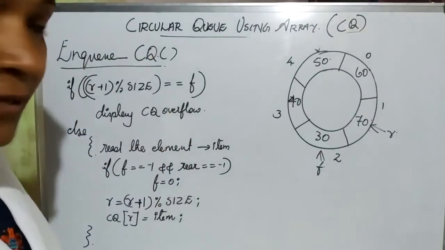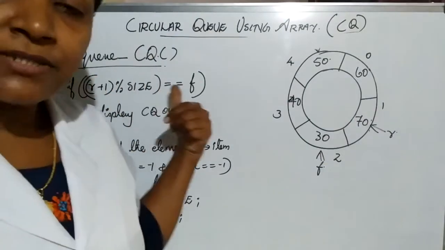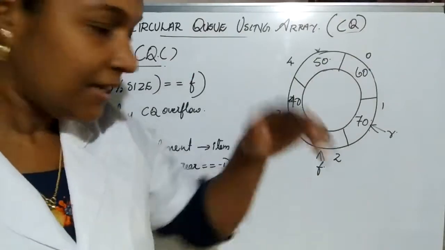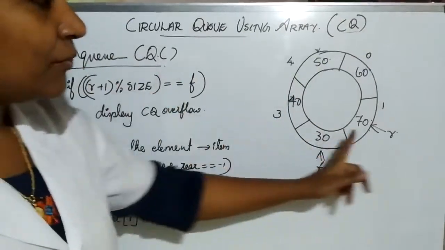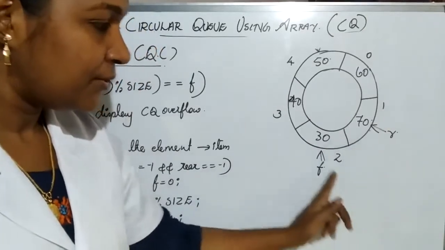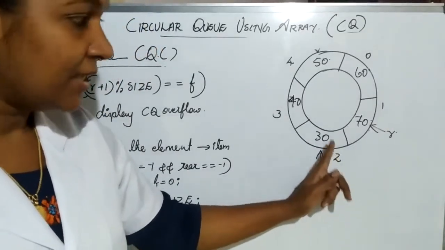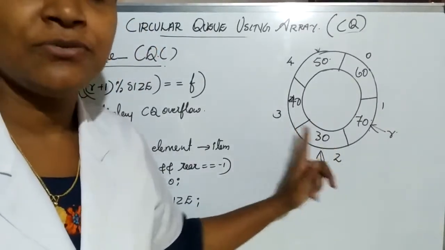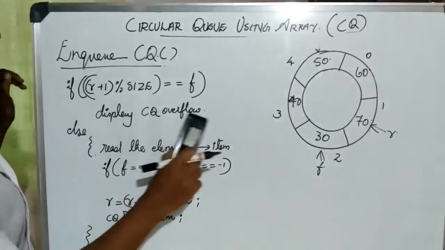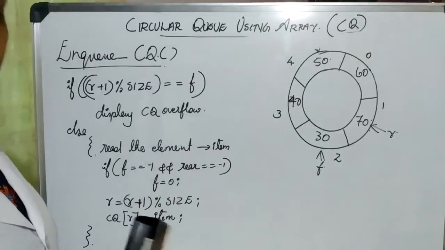Why do we use (rear + 1) mod size? In order to get the next position of rear, right? So (rear + 1) mod size is the next location of the rear, and we are checking whether the front is pointing to the same location itself. Clear?